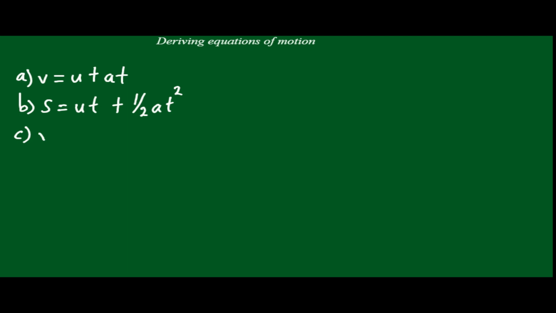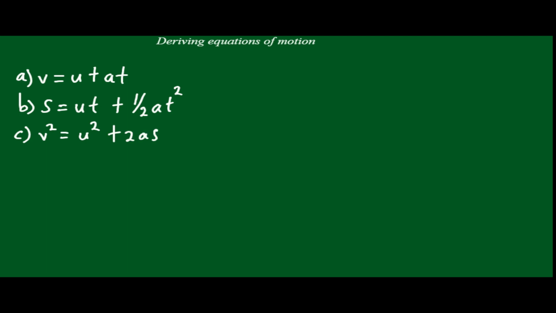So let's look at some of these equations of motion. First, we have v is equal to u plus at. Second, we have s is equal to ut plus half at squared. Third, we have v squared is equal to u squared plus 2as.